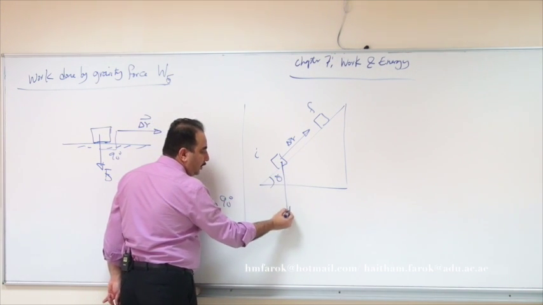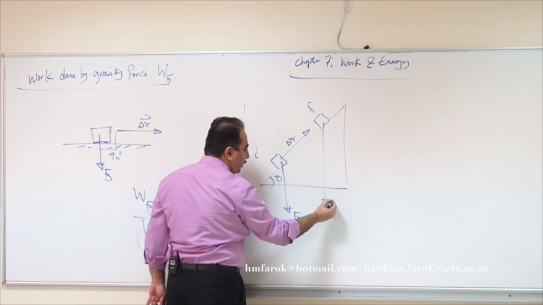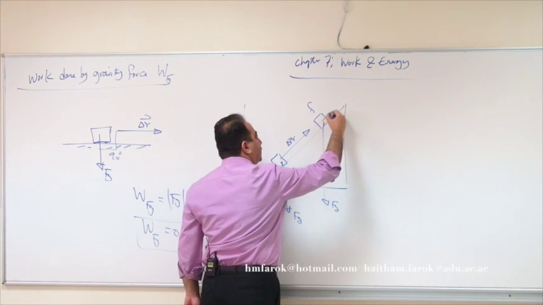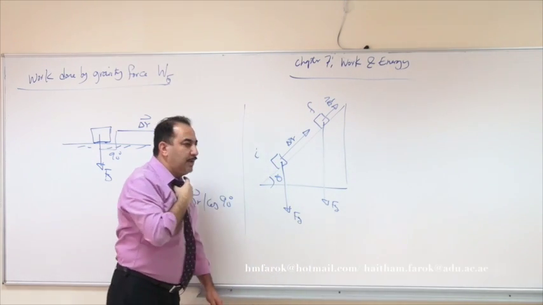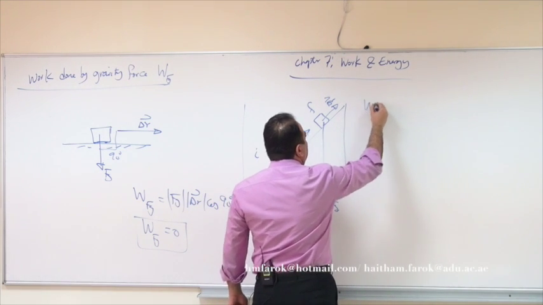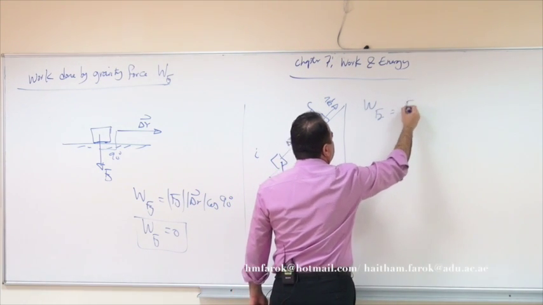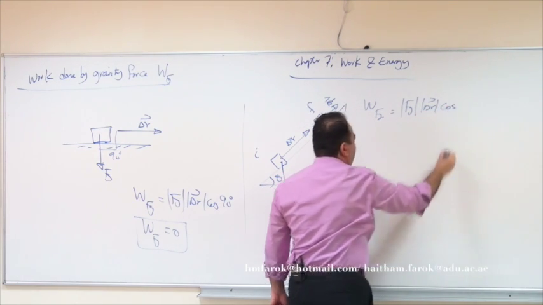Now where is Fg here? Perpendicular on the ground, yeah? Here as well, perpendicular on the ground. And this is the direction of delta R. So now if I want to find work done by gravity when it's going up, WFG, I need Fg, delta R, cosine the angle.